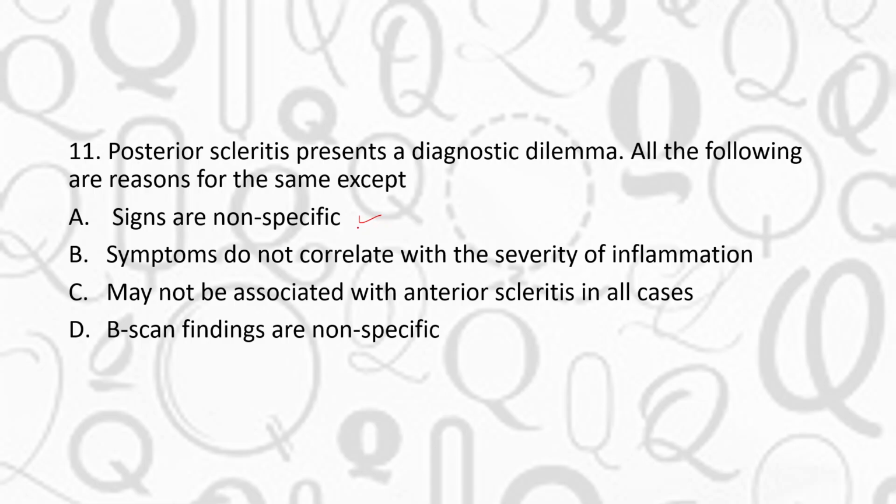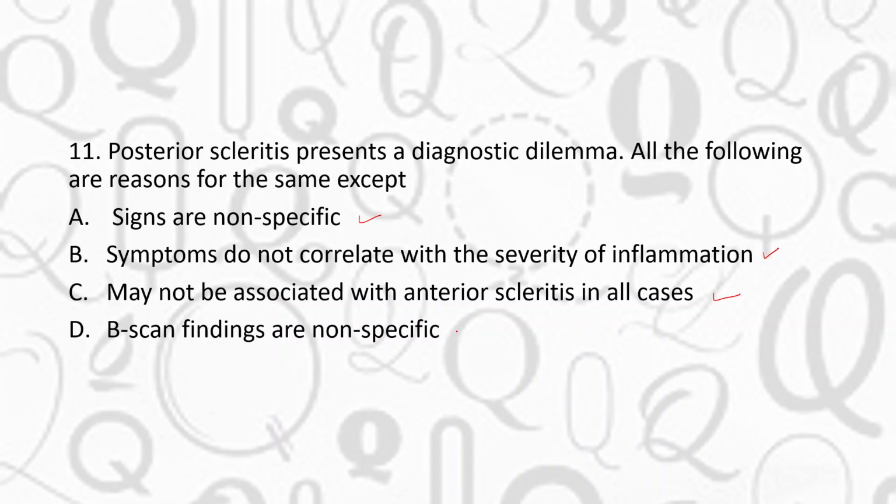All these are conspicuously absent in posterior scleritis because you are not able to visualize the posterior sclera. The symptoms do not correlate with the severity of inflammation, right? The symptoms may be much more. Many a time there is severe pain, there is proptosis, and you may not see much inflammation on examination. It may not be associated with anterior scleritis in all cases. Yes, posterior scleritis can occur in isolation.